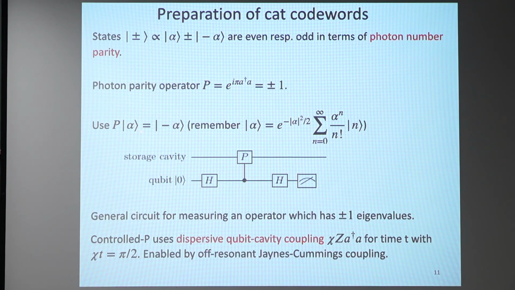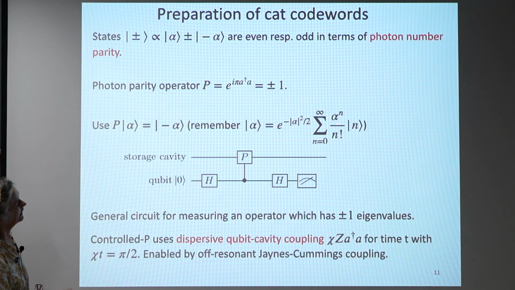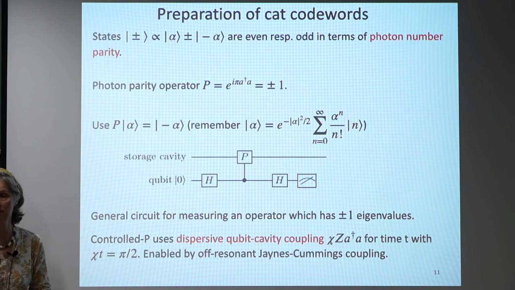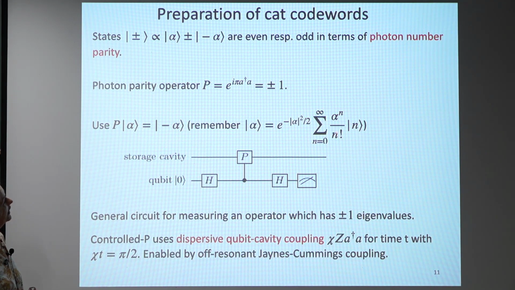Now, P on alpha is minus alpha. So how does this come about? It's actually a very simple exercise. I put the e^{iπ a†a} in here, and I let it act on my coherent state, so I just let it act on this Fock state. And it just picks up a phase e^{iπn}, right?